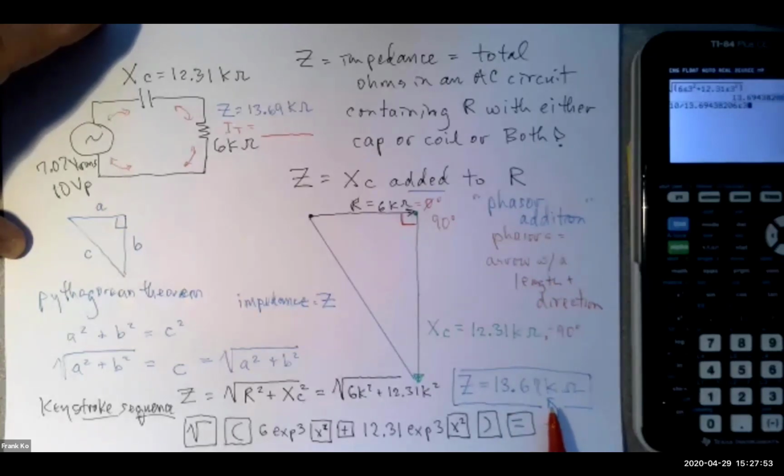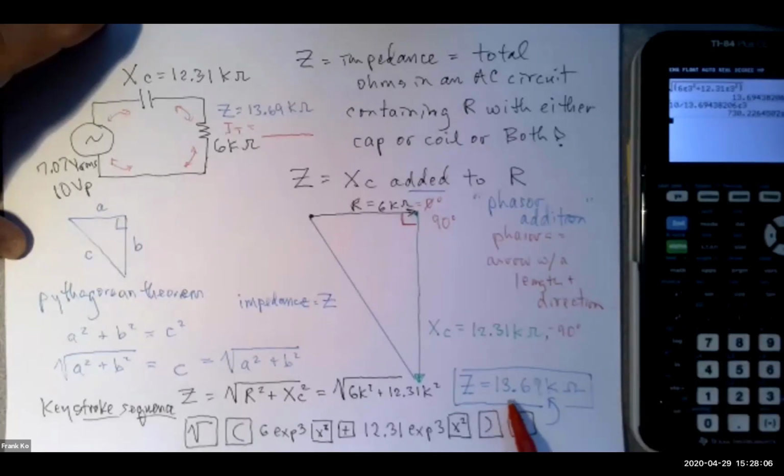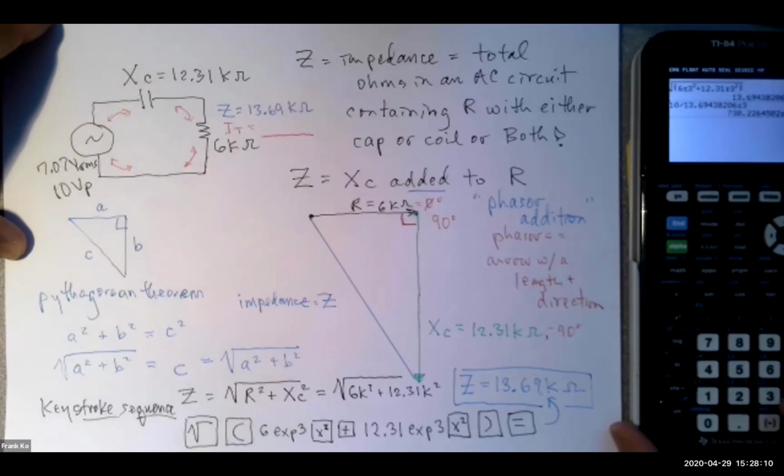Andrew, do you have a current for me, please? No, I'm still working on it right now. 10 divided by 13.69 kilo. Pauline, do you have a number for me?